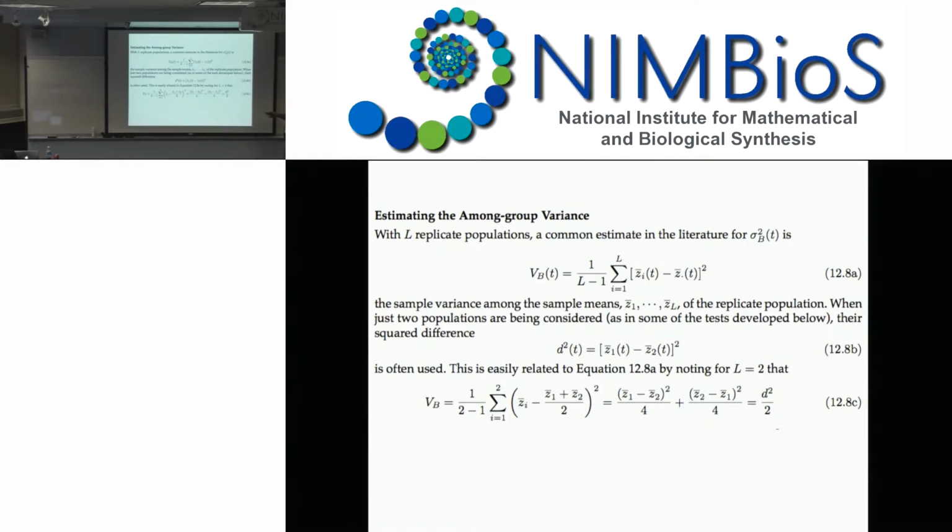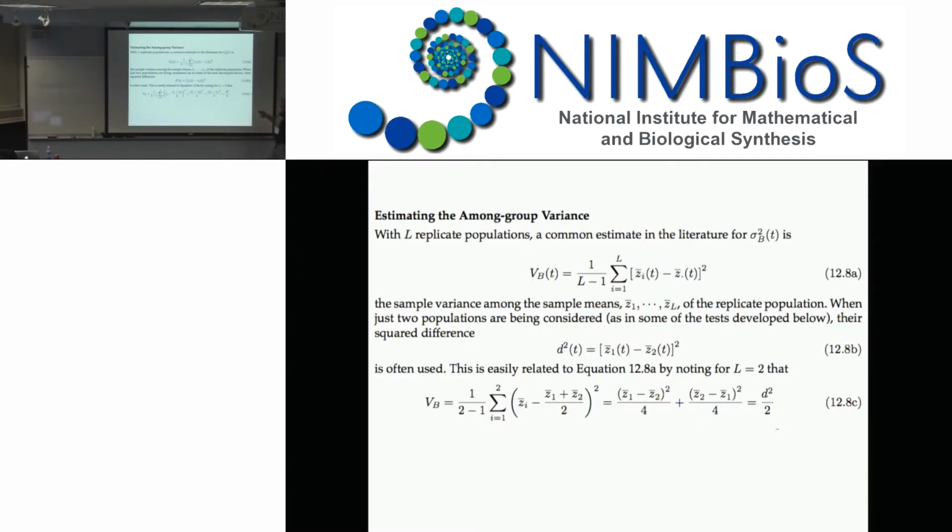If I have just 2, the square difference between them, you can basically show that's equal to d squared over 2. So if I take this expression and simply replace it with 2 populations, I can show that's equal to the square difference between the 2. So very often people work with 2 or many. In both cases, you can relate that to a between population variance.